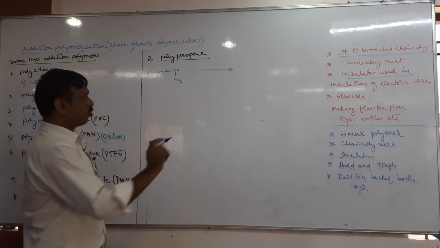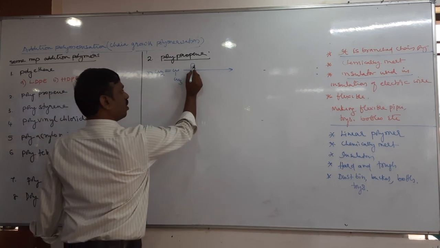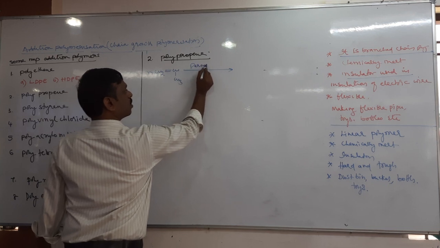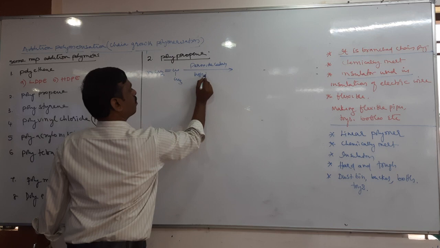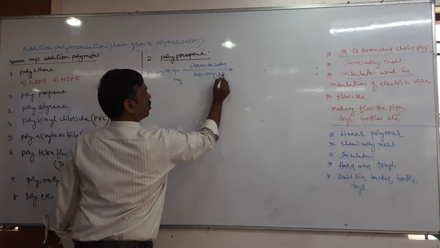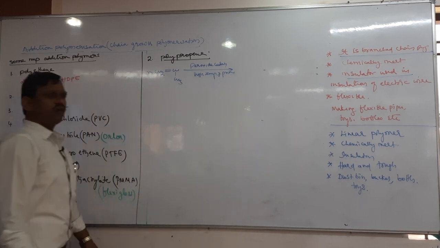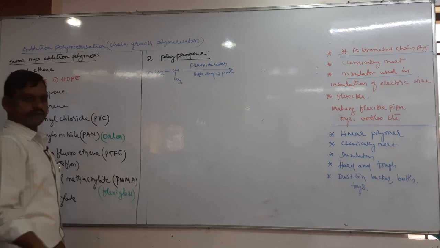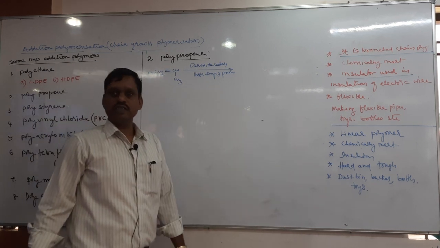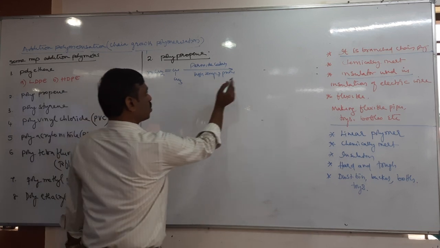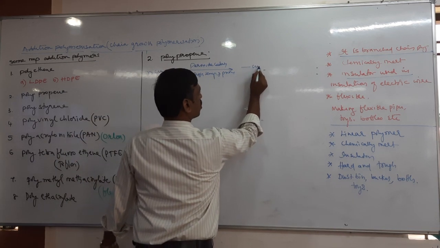So temperature and pressure are not mentioned for this and not required. You remember, temperature and pressure are high and catalyst is peroxide. It undergoes polymerization. You know how to write the structure.